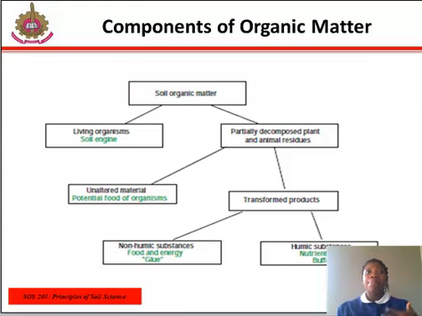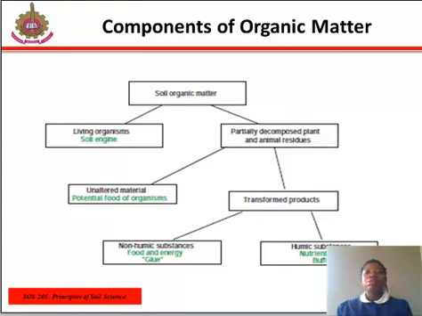The living microbial biomass includes the microorganisms responsible for the decomposition, that is the breaking down of both plant residues and active soil organic matter or detritus. Humus is the stable fraction of the soil organic matter that is formed from decomposed plant and animal tissue, and it is the final product of decomposition.